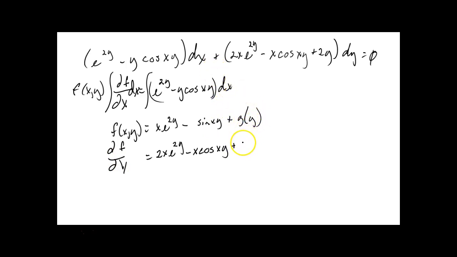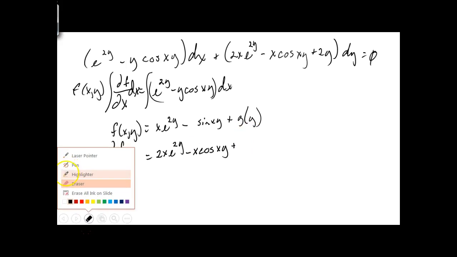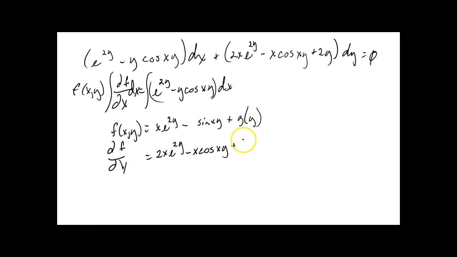This would be g prime. Oh, g prime, okay. First derivative of g. Well, maybe if I wrote it this way, it would make more sense. Let me write it in Leibniz notation. dg dy. Okay? Because it's only a function of y, so we don't have to do partials with that. Okay? So that's our dg dy.